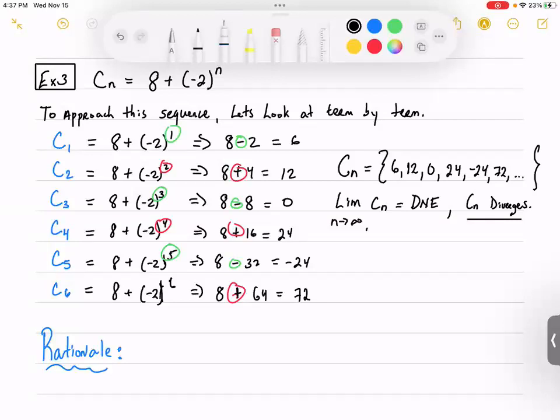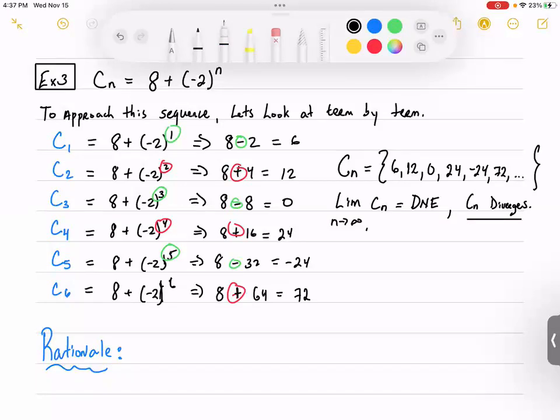Notice the pattern again that we saw. What happened when the power was odd, or when the value of n was odd? That's right. So the rationale is that as n is equal to an odd number, the sequence terms for Cn are going to negative infinity, right?